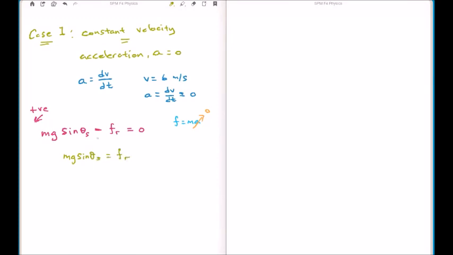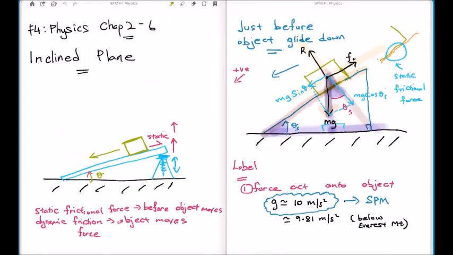The earlier you get used to those unknowns, the easier your life would be. Okay? That's how you get to know the frictional force. Right? So this is how you come about it here. Left and right should be the same.